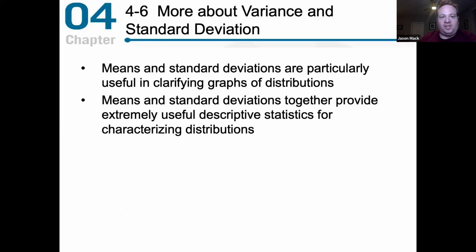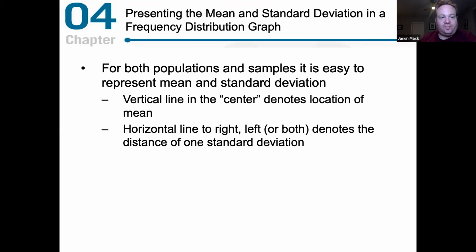So more about variance and standard deviation. Means and standard deviations are particularly useful in clarifying graphs or distributions. Together they provide extremely useful descriptive statistics for characterizing distributions. For both populations and samples, it is easy to represent the mean and the standard deviation.